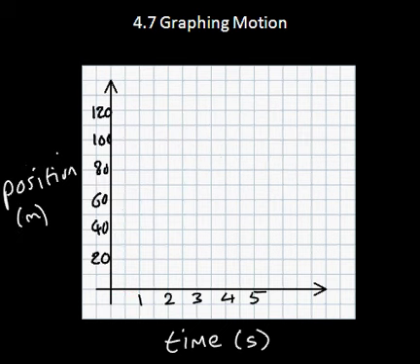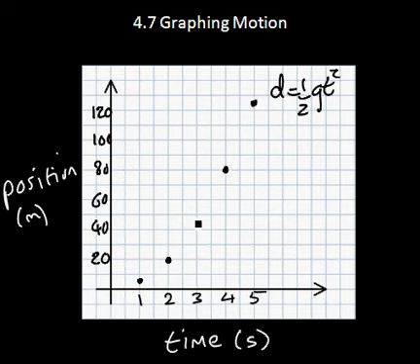Finally, I'm just going to go back to a position versus time graph, this time for a free-falling object. And if you apply d equals 1/2 gt squared to calculate the distances that the falling object will travel for each of these times, 1, 2, 3, 4, 5 seconds, you should find after 1 second it's about 5 meters, 2 seconds is 20, 3 seconds is 45, 4 seconds 80 meters, and 5 seconds comes out to be 125.